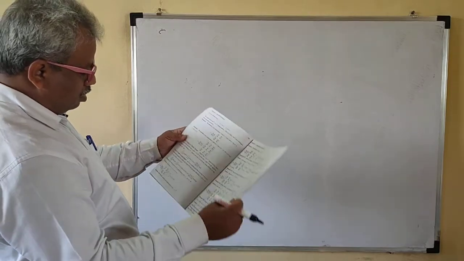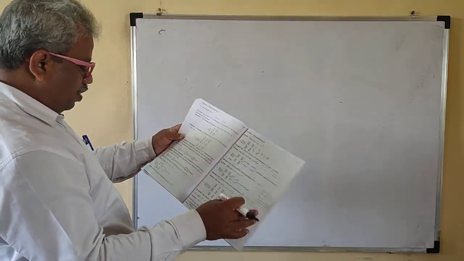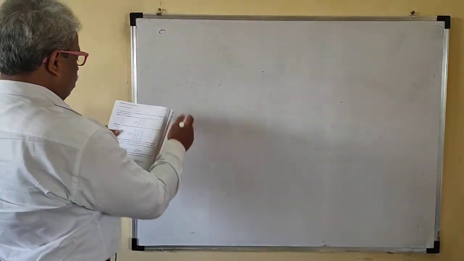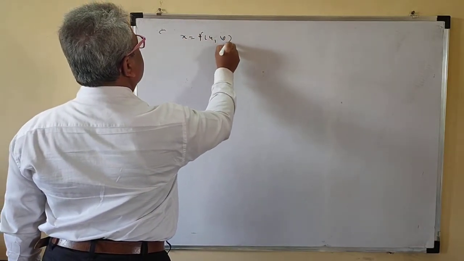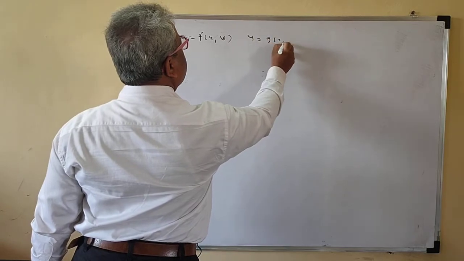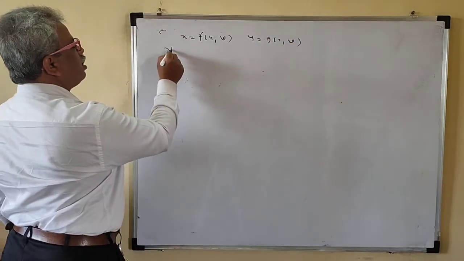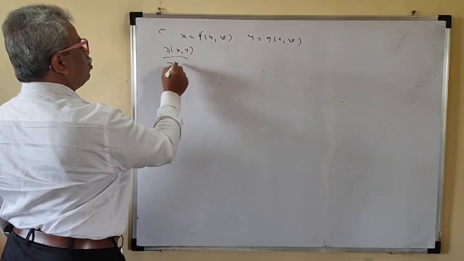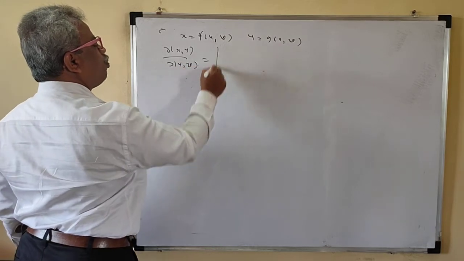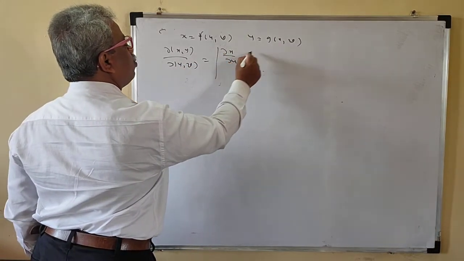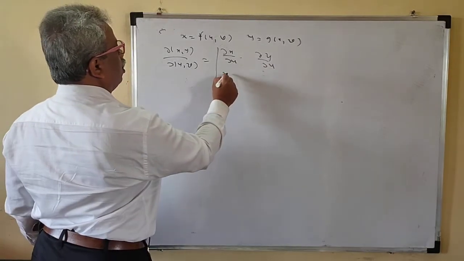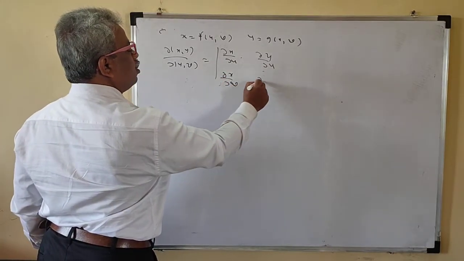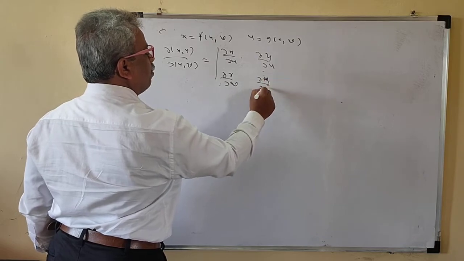So next, Jacobian, we will see Jacobian. Suppose we have the transformation x is equal to f of u v and y is equal to g of u v. Then this is the Jacobian, dou of x y by dou of u v. So Jacobian is nothing but dou x by dou u, dou y by dou u, dou x by dou v, dou y by dou v.